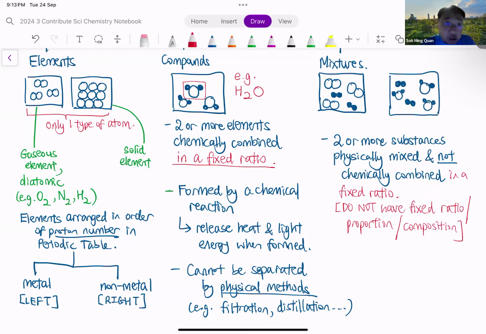So you must get used to these terms. They don't have a fixed ratio, proportion, or composition. Ratio, proportion, and composition mean the same thing. Okay, so these are mixtures. They contain 2 or more substances which are physically mixed together only. They are not chemically combined. They don't have a fixed ratio.